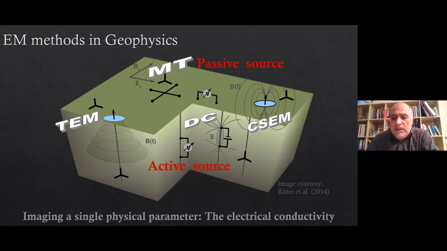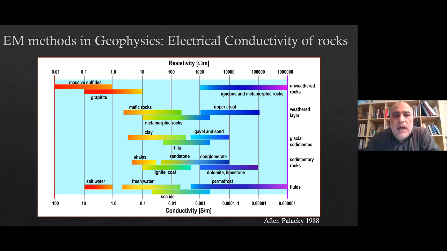Now, talking about the electrical conductivity of the subsurface, as this chart is showing here, which is one of the textbook charts, showing how this electrical conductivity of the rocks spans a wide range of values, from a few hundred Siemens for the conductivity to a few 100,000 ohm meter as a very resistive material.